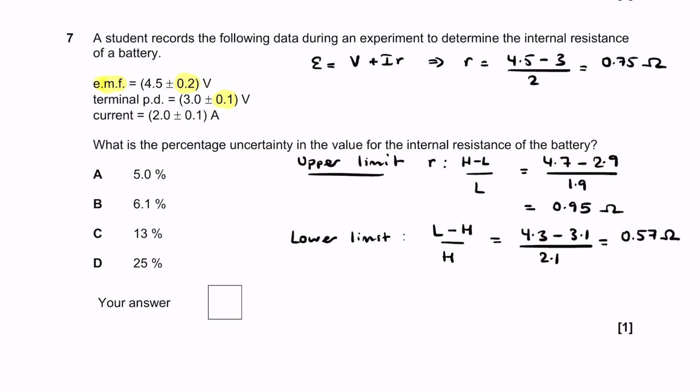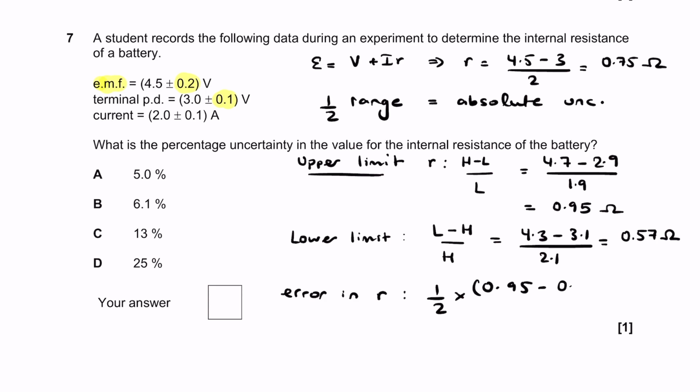So in terms of the error in R, we would have to consider half the range. As always, this is a formula worth remembering. If you are given the range of values, you consider half the range to get the absolute uncertainty. So the absolute uncertainty in R is half times the difference in the two, and that would end up giving me a value of 0.19 ohms.